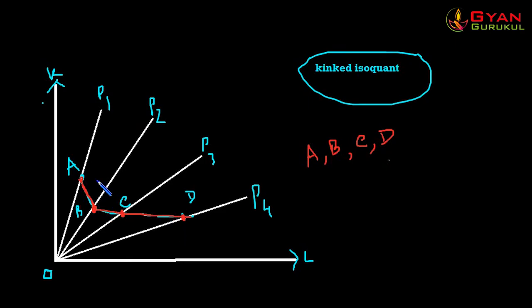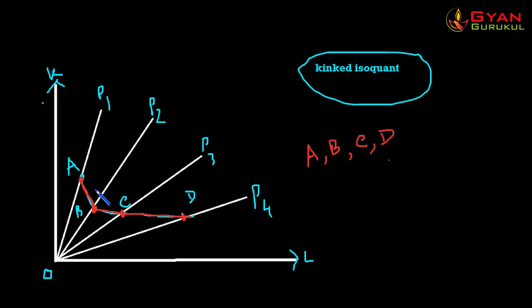So in this type of isoquant, only at the kinks of the curve, where the curve bends like this, if the producer produces only at those points, then the output would be identical.